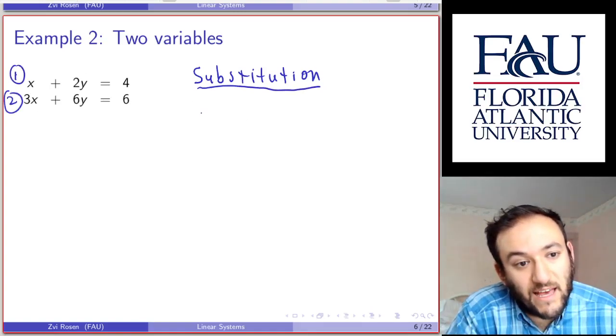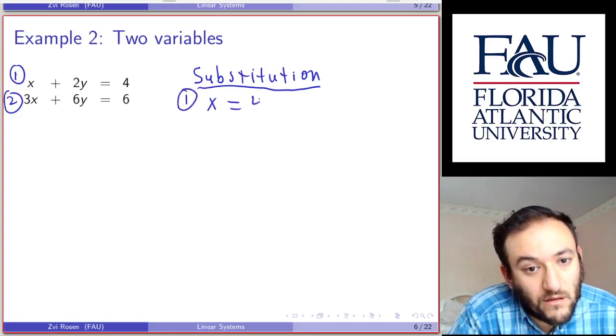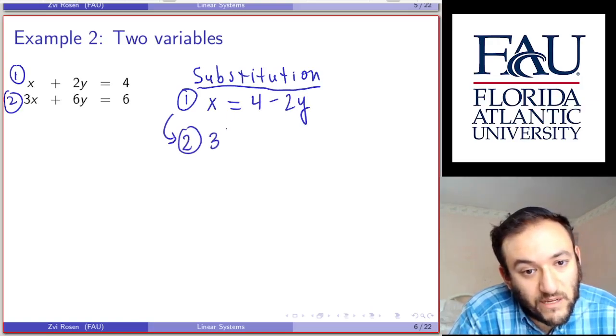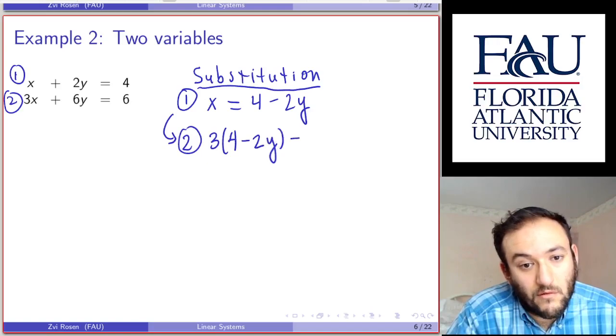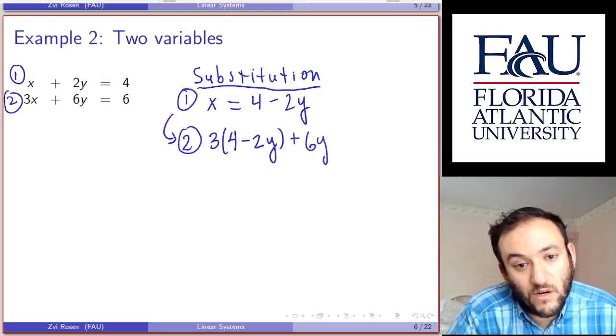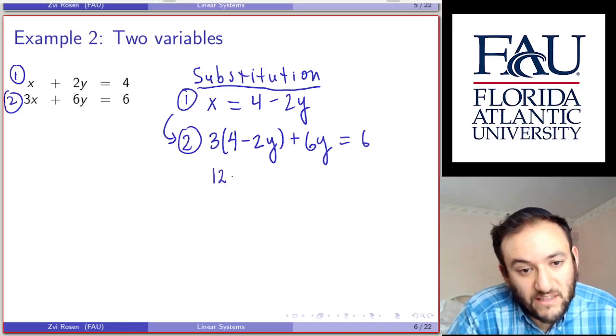So let's plug in x equals 4 minus 2y. That comes from equation 1. And we can substitute that into the second equation. So we have 3 times (4 minus 2y) plus 6y equals 6.